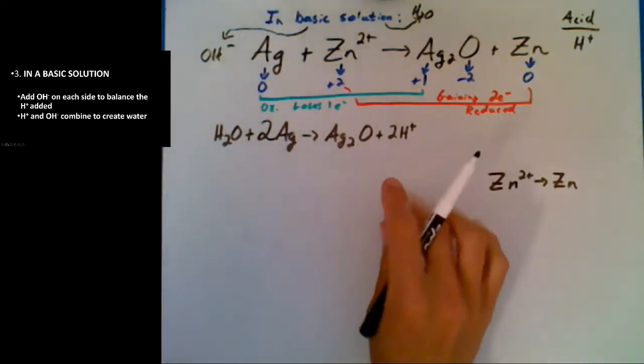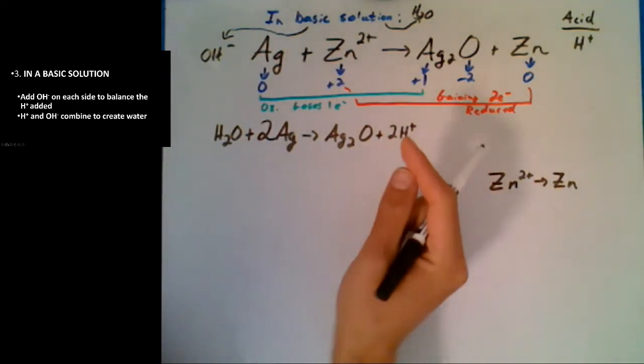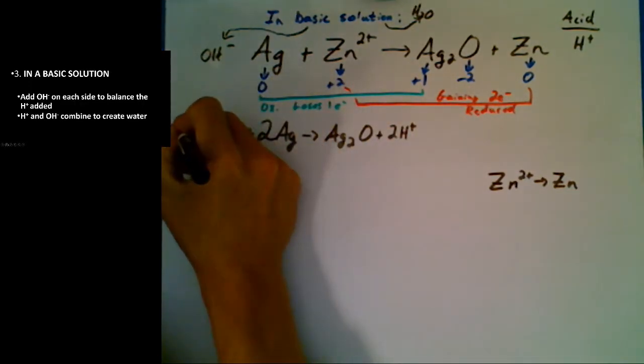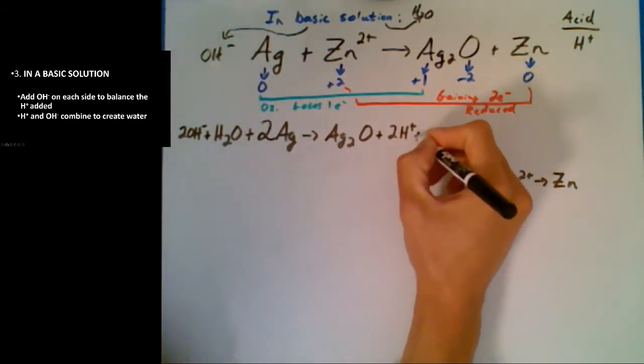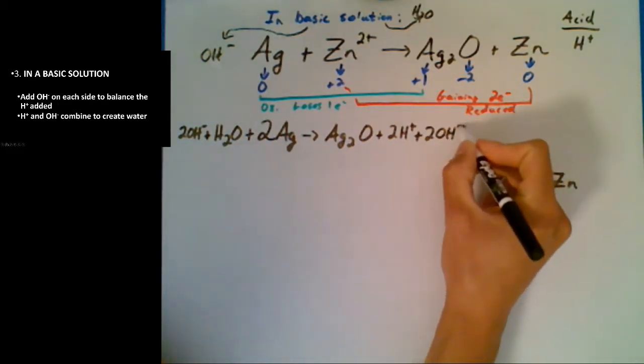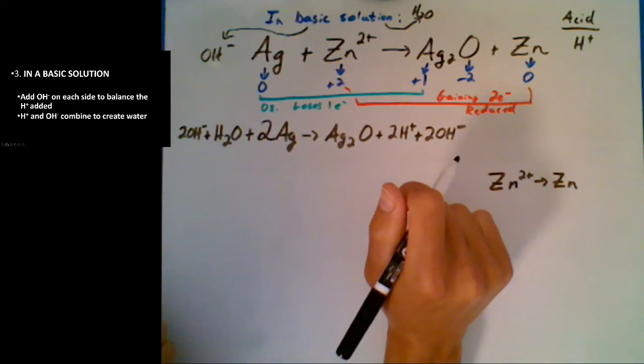So what does that look like? Well, I have 2 H+ here. So on the opposite side of the equation, I'm going to add 2 OH-. And if I do it on one side, I need to do it on the other. 2 OH- to keep everything balanced and equal, kind of like in math.